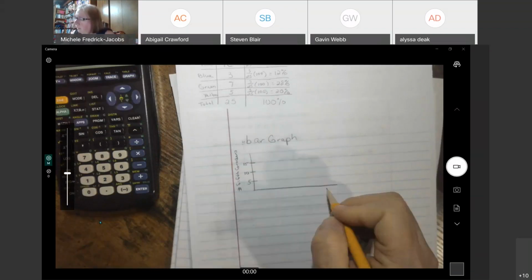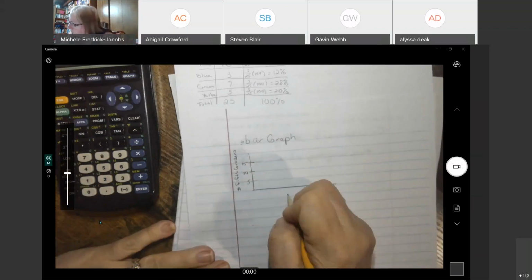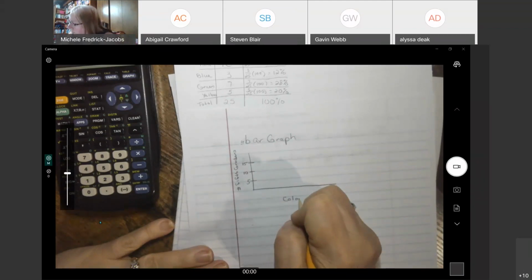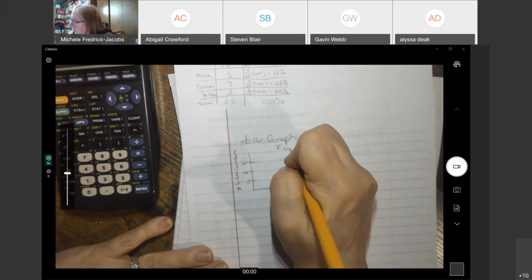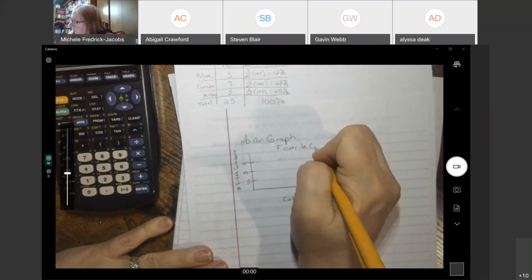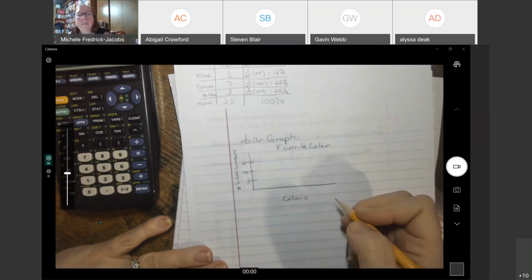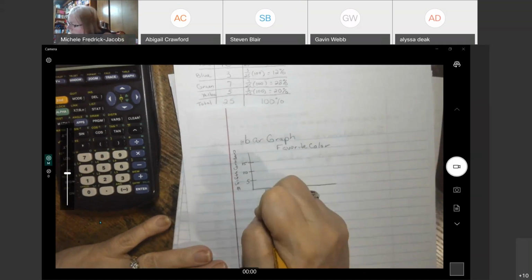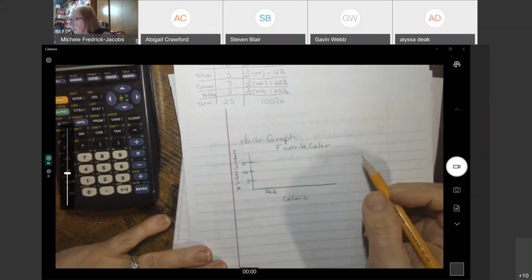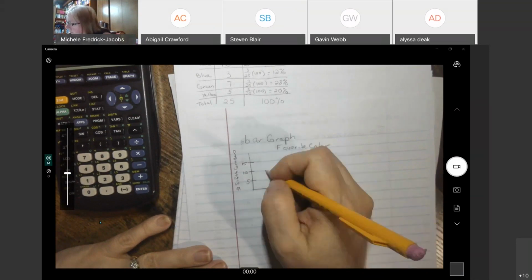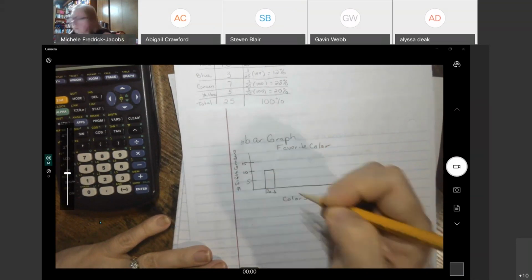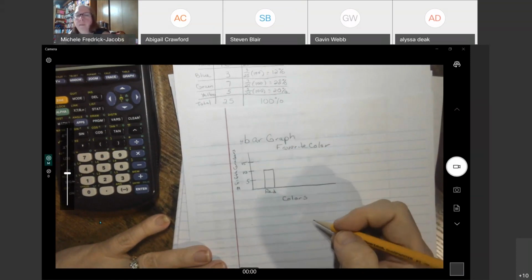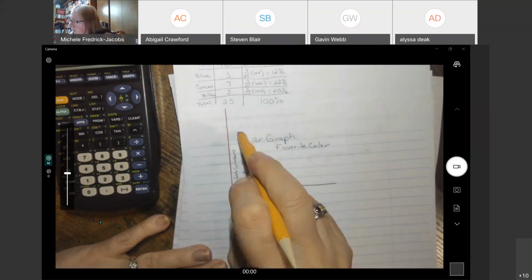Across the bottom is your colors. And label our graph. Favorite color. So the first color was red, and 10 people said red. A bar graph does not touch. A histogram does.